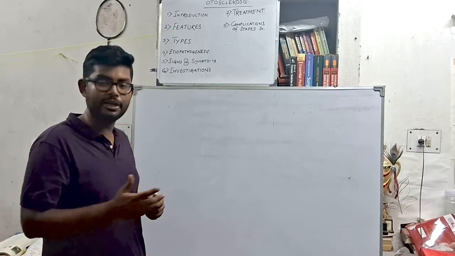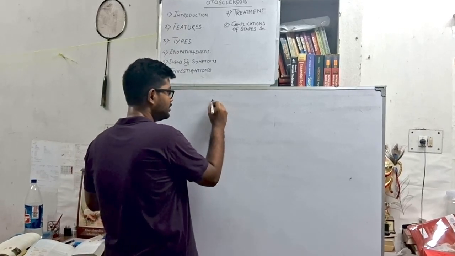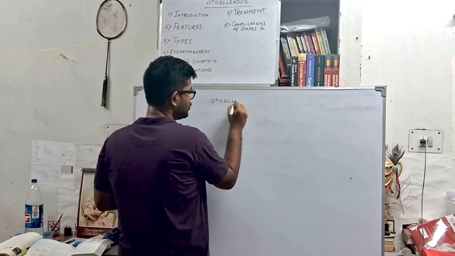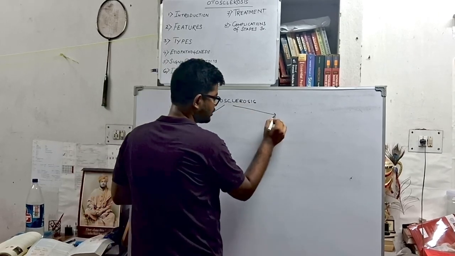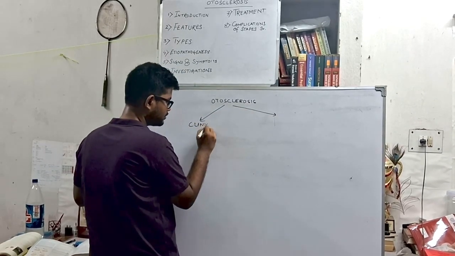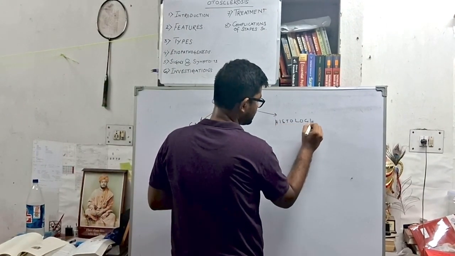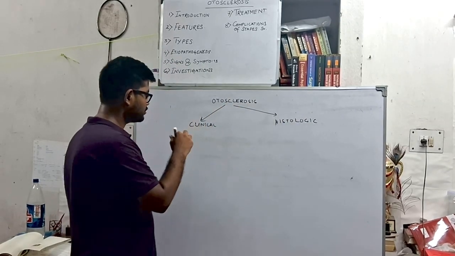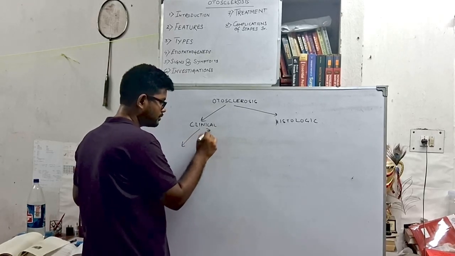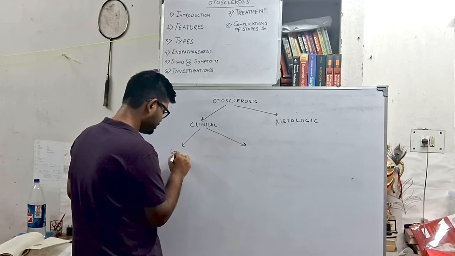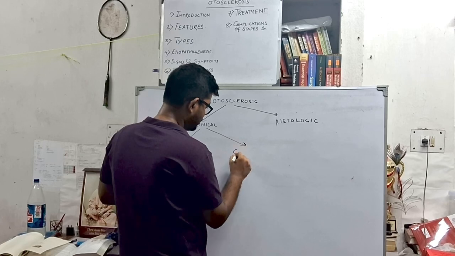So coming to the types of otosclerosis, otosclerosis is initially divided into two broad types: clinical otosclerosis and histologic otosclerosis. Clinical otosclerosis is again of two types: stapedial otosclerosis and cochlear otosclerosis.